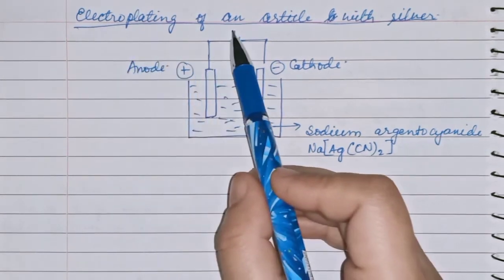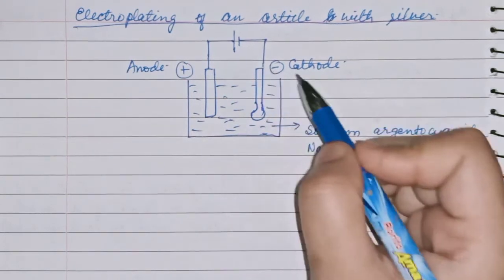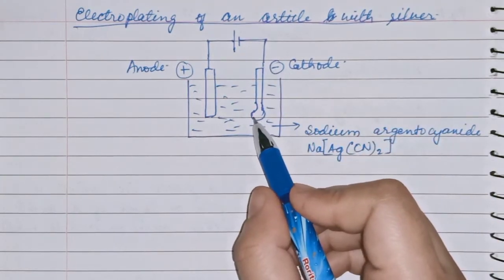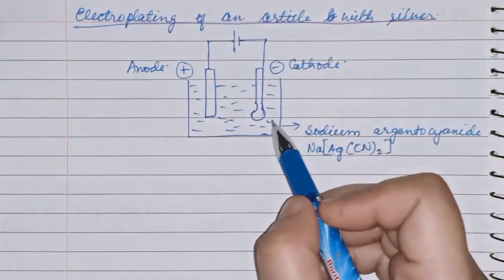So, electroplating of an article with silver. We will take the article; here we are taking a brass spoon on which we want silver to be plated.